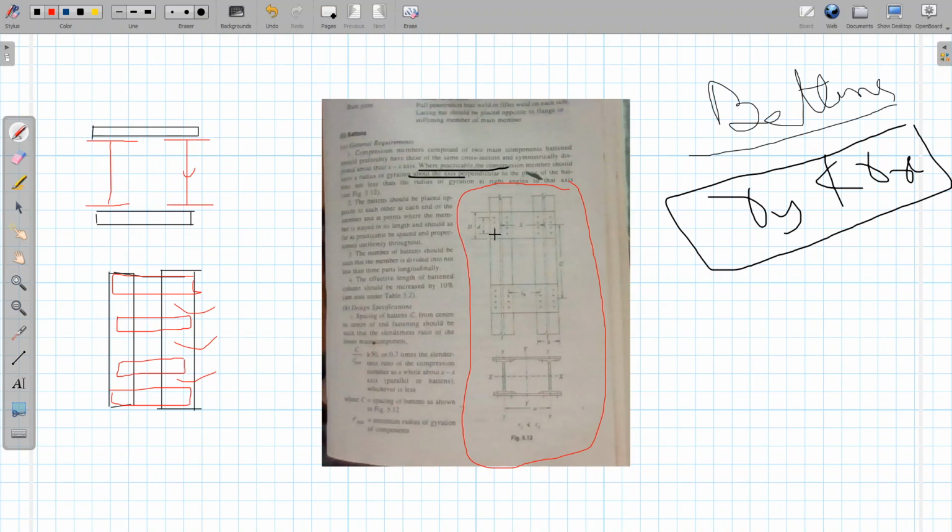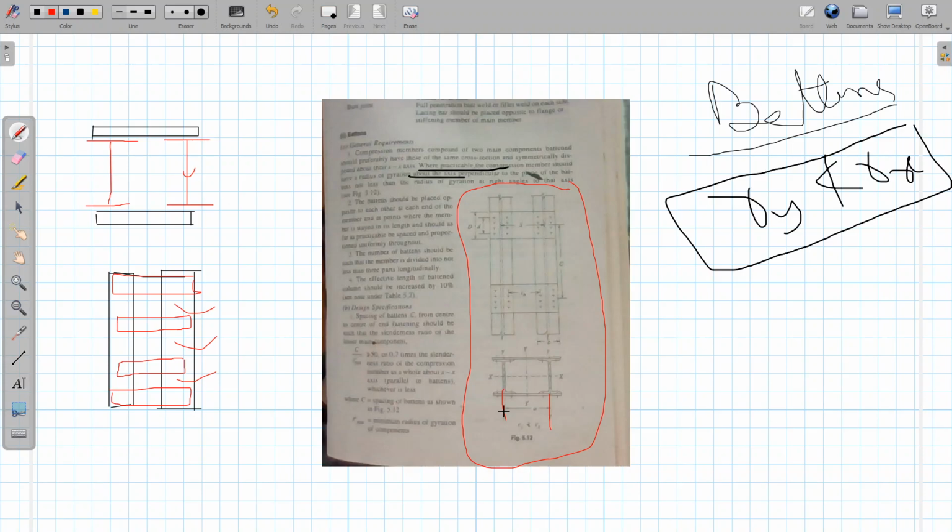Again, the center to center distance between the two members of the column is denoted as A. So this is the center to center distance between the two members of the column, so don't be confused.